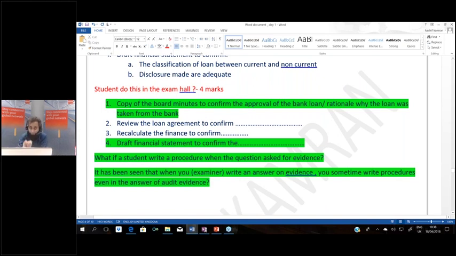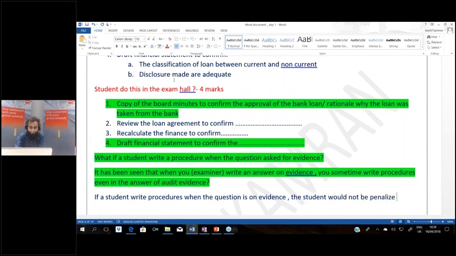The examiner answered in the conference, if a student writes procedures when the question is on evidence, the student would not be penalized harshly for that, because there is a very thin line between procedures and evidence.